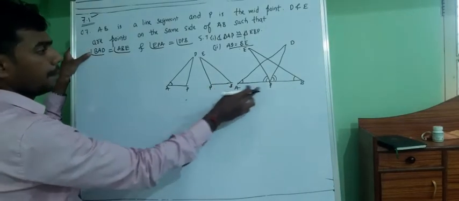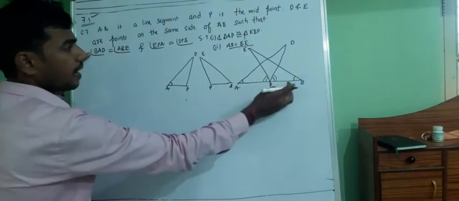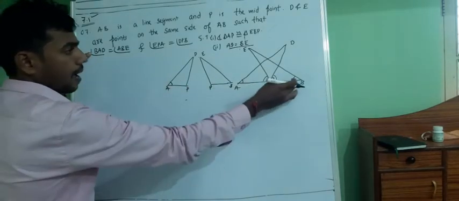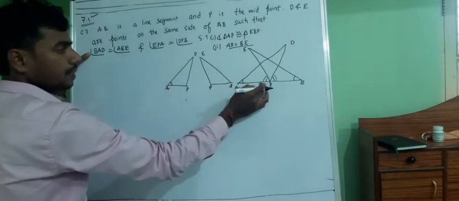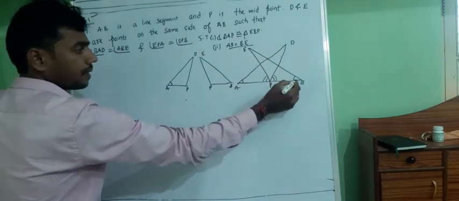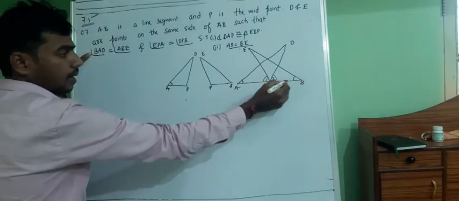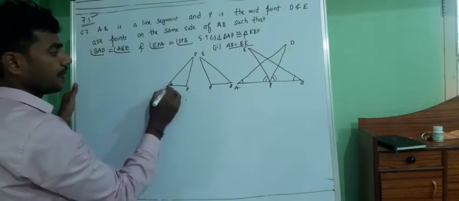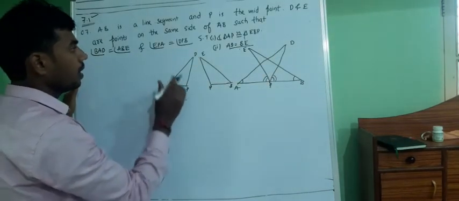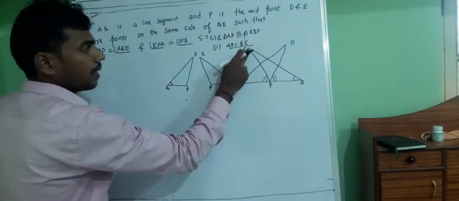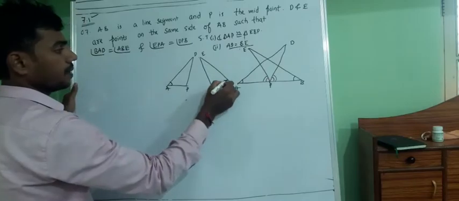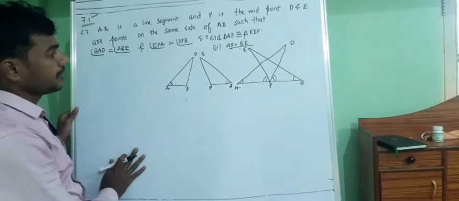Angle BAD is equivalent to angle PAD. See, I am tracing, look at my hand. Angle BAD will be equal to angle PAD, so this angle will be equal to ABE, and ABE is equal to PBE. The same thing I have.